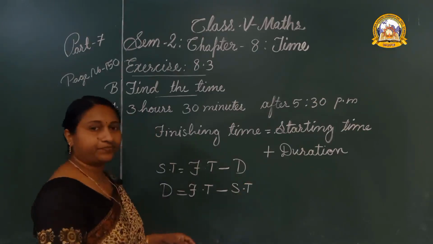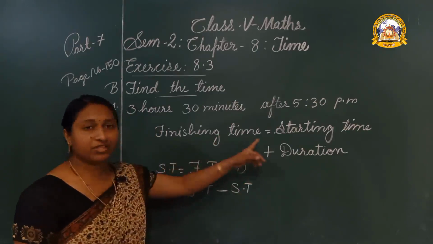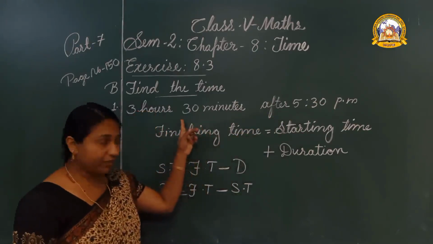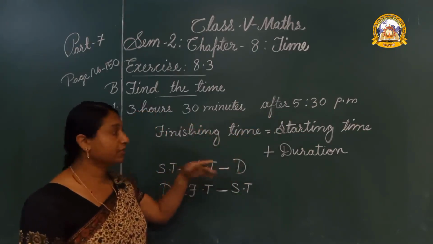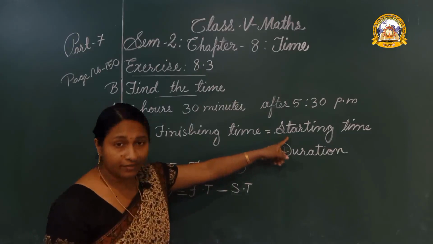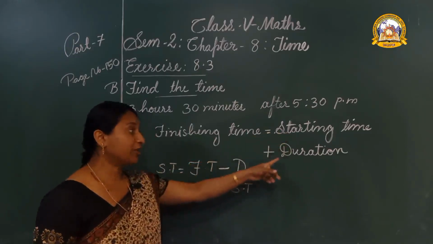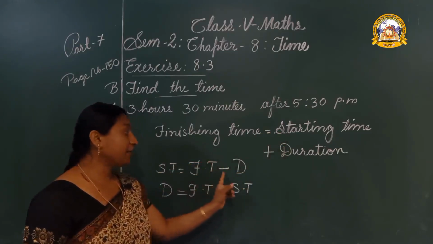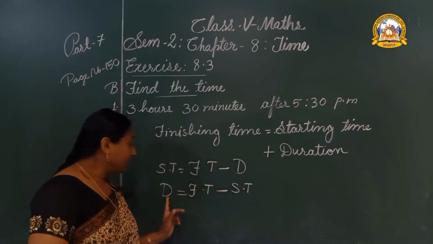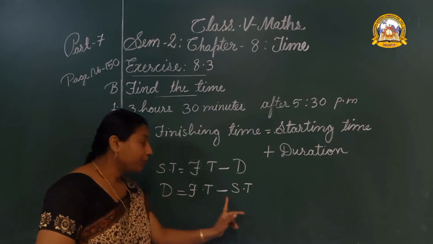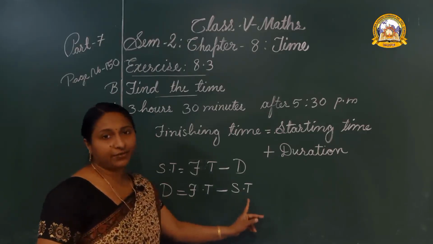Okay, finishing time is equal to starting time plus duration. Then starting time is equal to finishing time minus duration. Next, duration is equal to finishing time minus starting time.